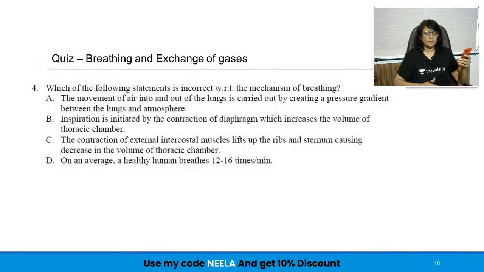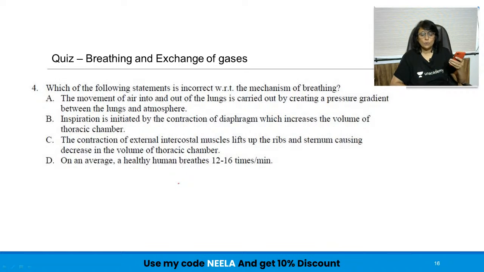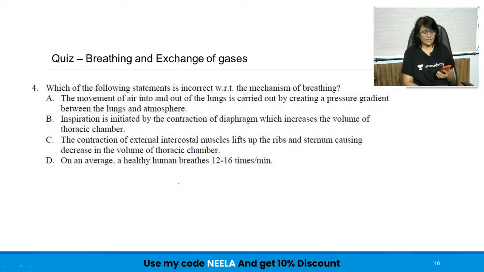All right, let us take the fourth question. Which of the following statements is incorrect with reference to mechanism of breathing? You have to find the incorrect statement.